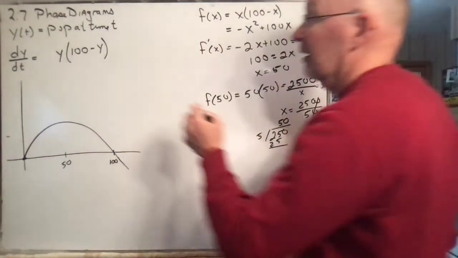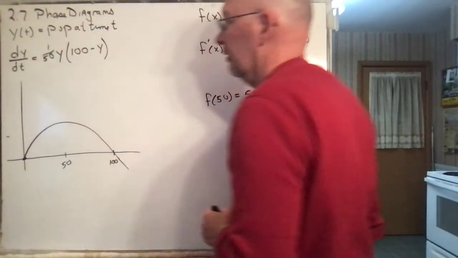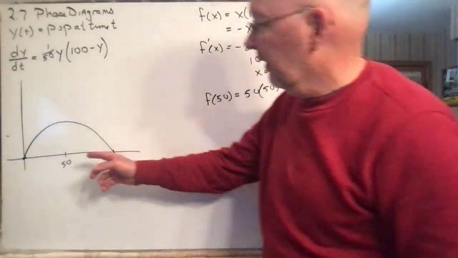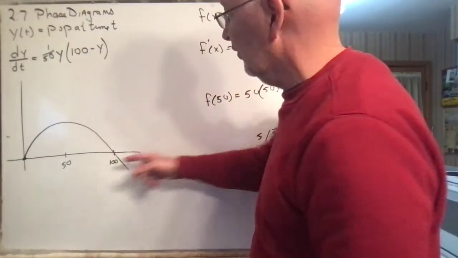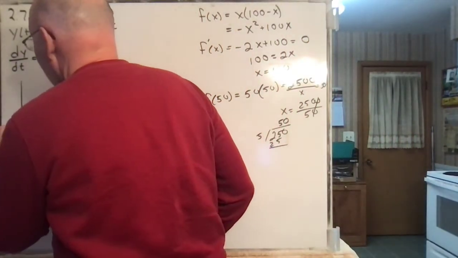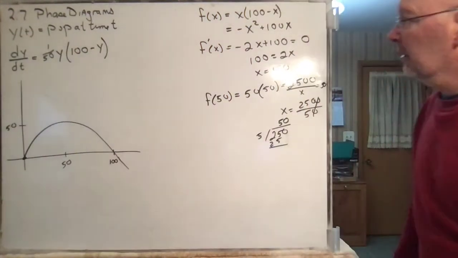So it looks like I had a fraction of 1/50th out there. So if you have a fraction of 1/50th out there, that'll raise this thing up. The vertex will still happen at 50, but now the high point will be 50 as well.